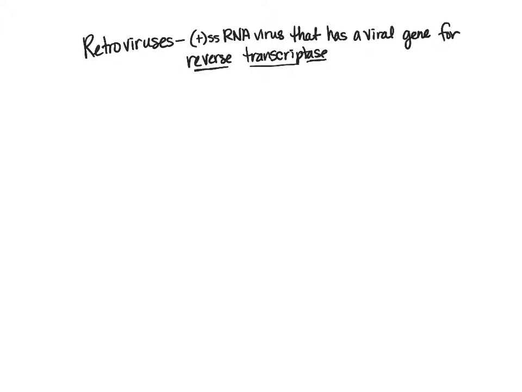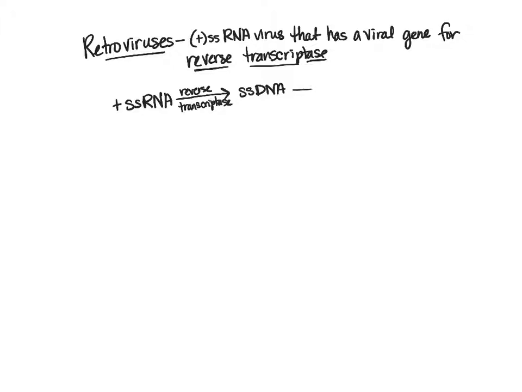What this means is that we're taking our positive single-stranded RNA, which comes in with retroviruses, and then we're going to use reverse transcriptase to make our single-stranded DNA.